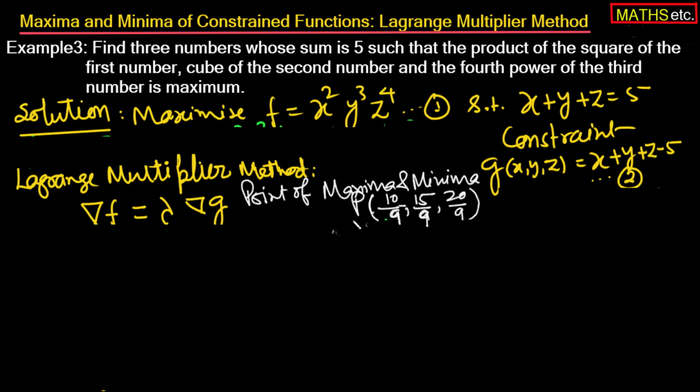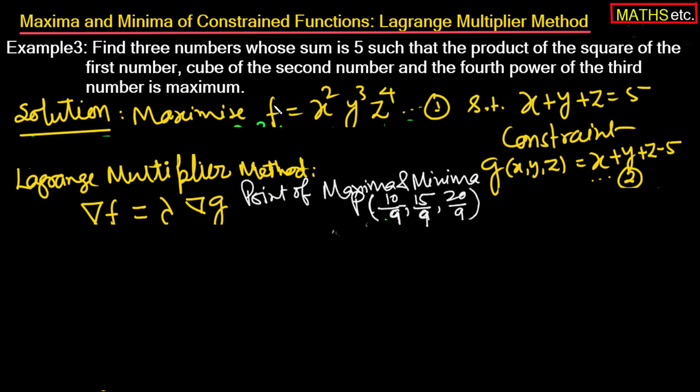Now let us suppose that this is a point of maxima, right? So it means at this point f will have the maximum value. What does it mean? It means suppose there is some other point x, y, z which satisfies the equation of the constraint.